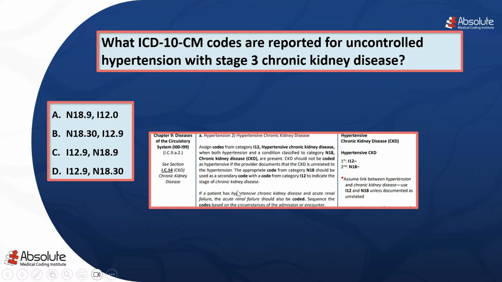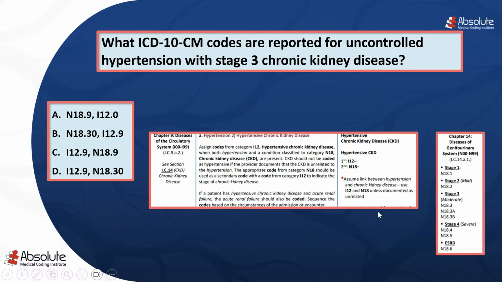If you look right here, this is also going to be in the manual with the guidelines, under chapter 14. It gives you a guide to how you're going to code the different stages: stage 1, stage 2, stage 3, stage 4, and ESRD.